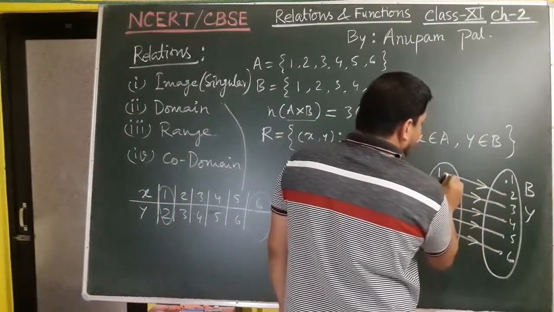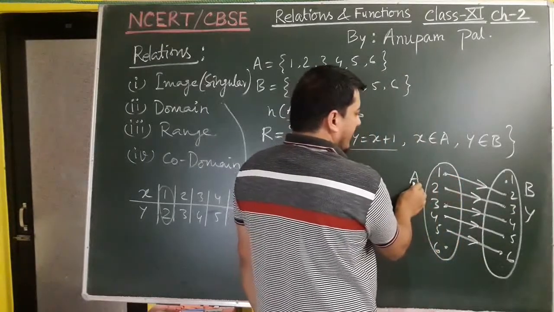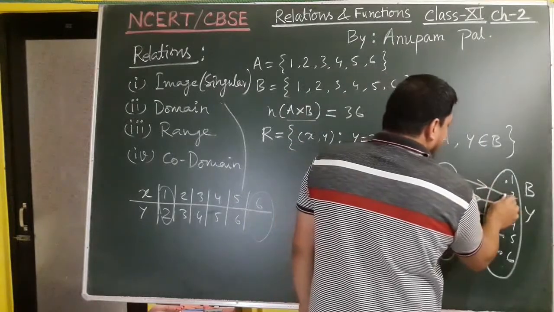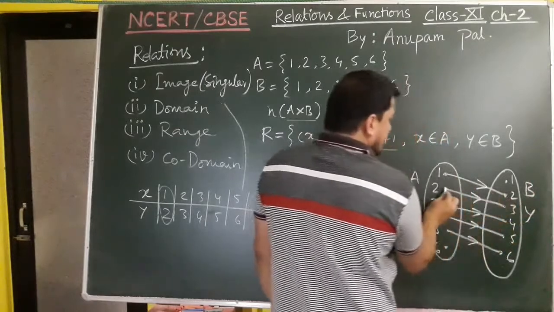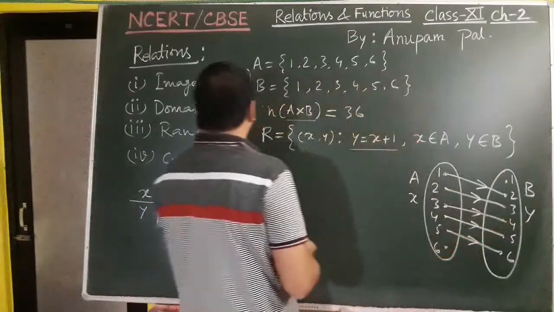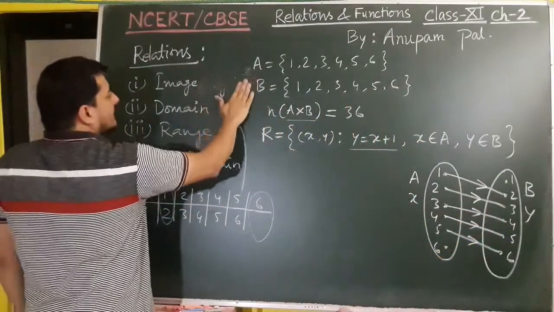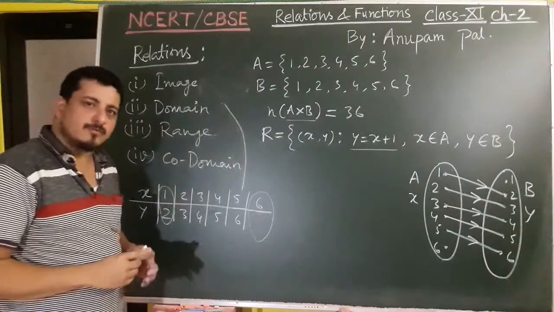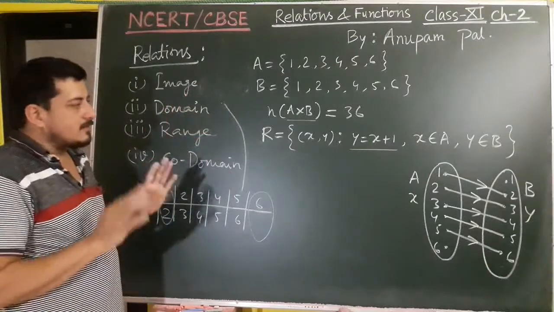So the image of 1 from set A is 2 in set B. The image of 1 is 2, the image of 2 is 3. You can see this is one single point. It may be more than 1 also, but in most cases it is singular, one point.